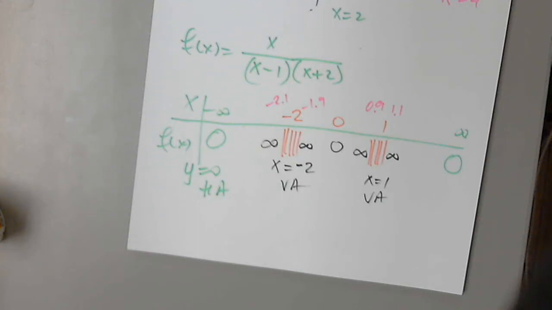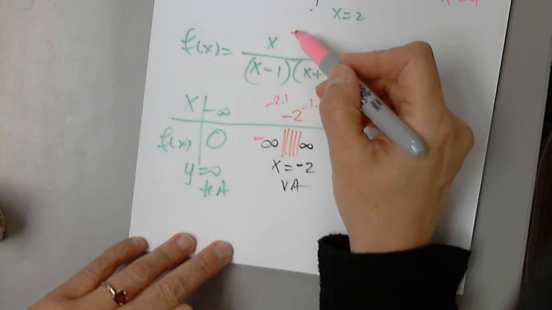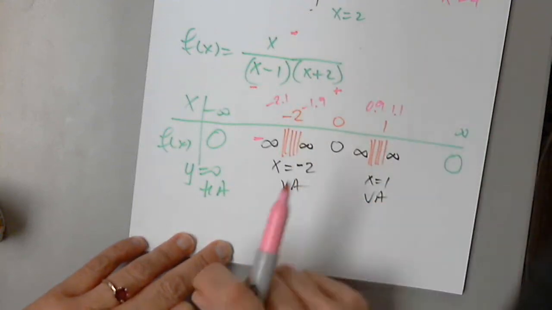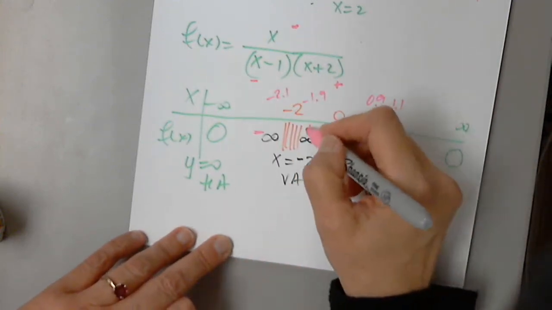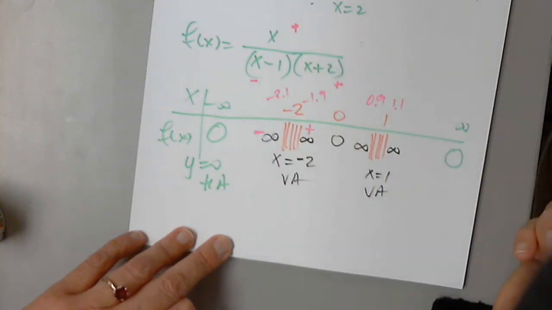So for -2.1, the top is negative, and the two factors in the denominator are negative and negative. What sign do we have on the left-hand side of the first vertical asymptote? Awesome. Now with -1.9, this is negative, but this is positive. Excellent. With 0.9, this is positive, this is negative, this is positive.